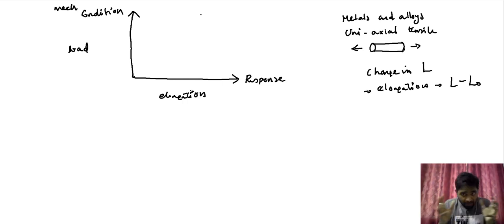And after doing that, instead of discussing it theoretically, you are attempting to render a graphical representation of this form here, wherein you have the mechanical condition on the y-axis and the response on the x-axis. When you do that for a wide range of metals and alloys, they all predominantly follow a specific trend, and this trend is of this form here.